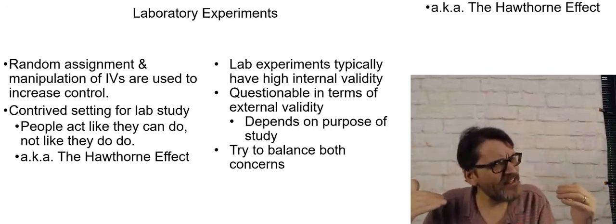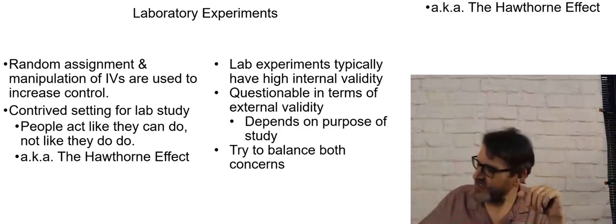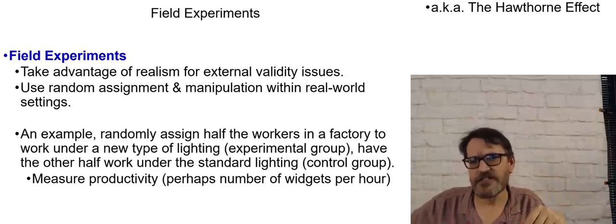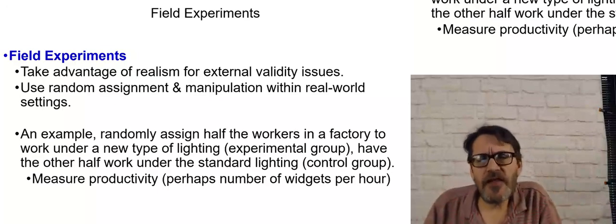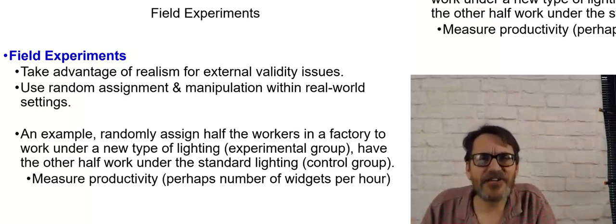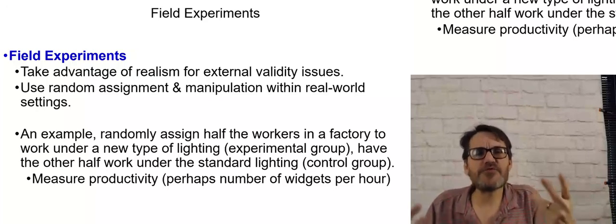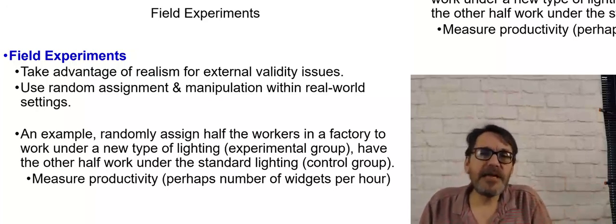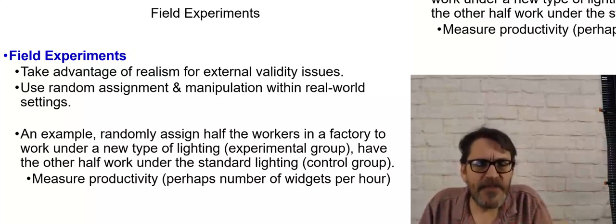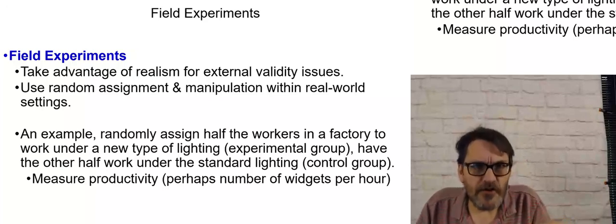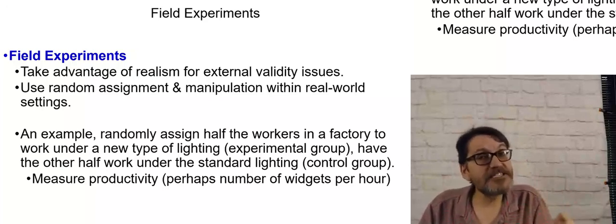Okay, they act like they're capable of, not what they actually do. In a field experiment, you're much more likely to see real, actual behavior that reflects reality. But because field experiments are done in an uncontrolled setting, they have very low internal validity. But field experiments tend to have high external validity.